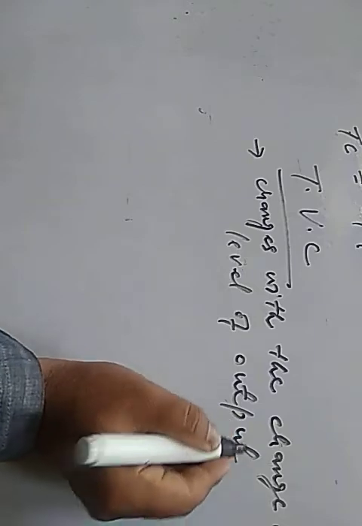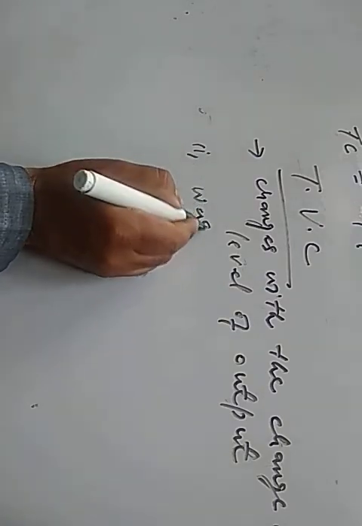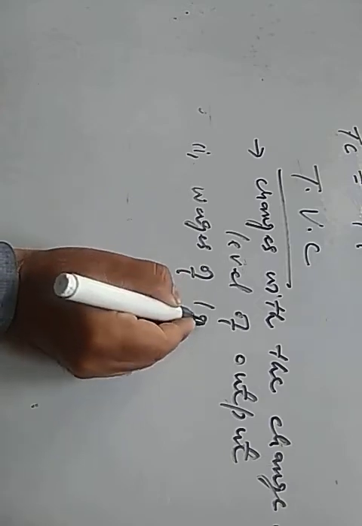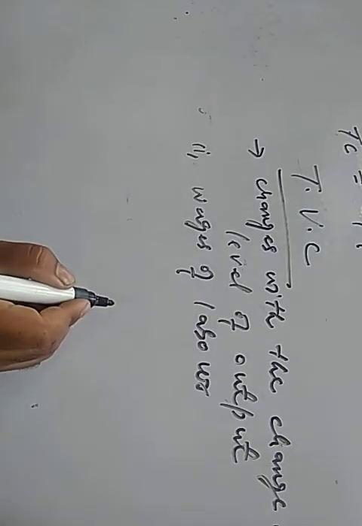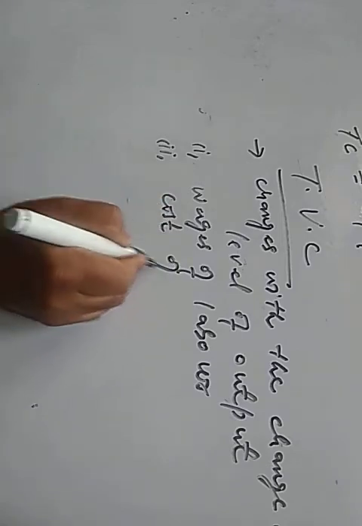When level of output increases or decreases, the variable cost also increases or decreases. When there is an increase in level of output, there is an increase in total variable cost. When there is a decrease in level of output, there is a decrease in total variable cost. These costs are in the form of cost of labor, that is wages of labor, known as direct or prime cost, and cost of raw material.